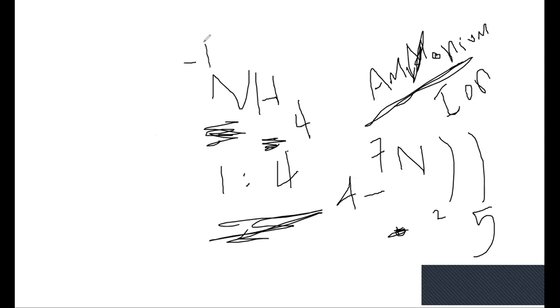Hydrogen has 1 electron. So hydrogen loses 1 electron and changes to a positive ion, positive 1. Each hydrogen atom loses 1 electron and becomes a positive ion. But how many hydrogen ions? 4.